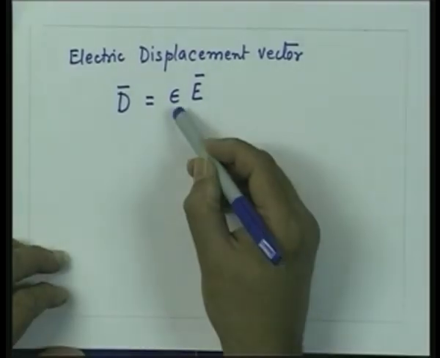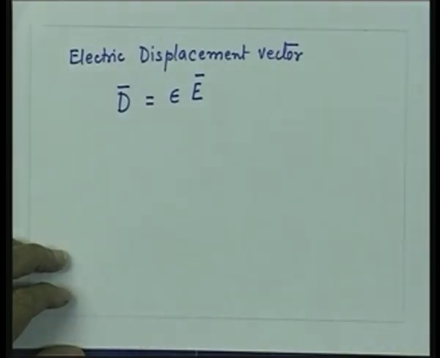Now, this quantity epsilon in a general medium can be constant everywhere, can be uniform, or it can vary as a function of space in 3-dimensional space. It can also depend upon the direction. What that means is, if I measure the permittivity in certain direction, it has certain value. If I measure the permittivity in some other direction, it will have another value.